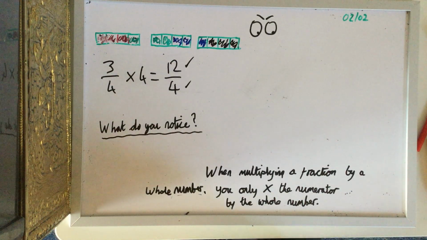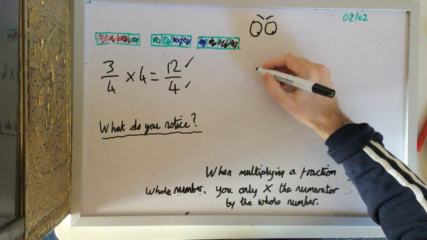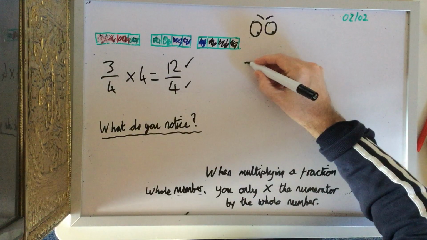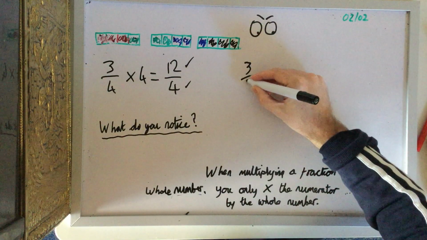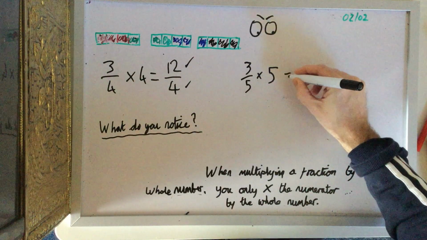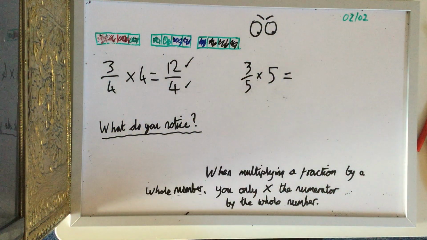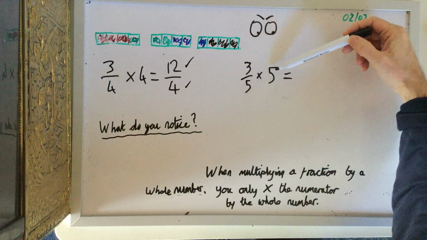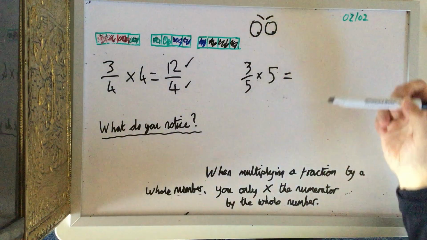Okay, so let's have a try with another one. Let's do 3/5 times 5 equals. Following our rule, our numerator we multiply by the whole number, so 3 times 5.